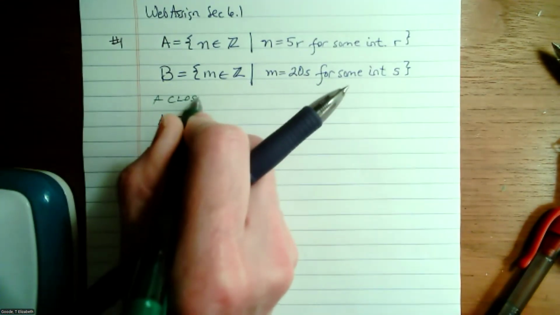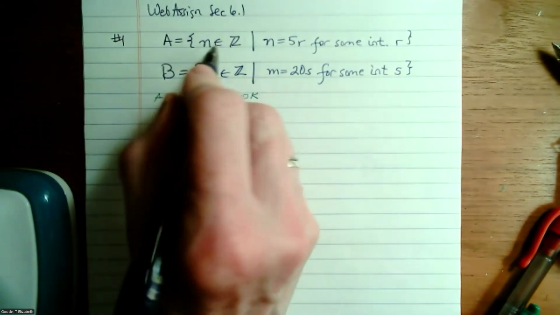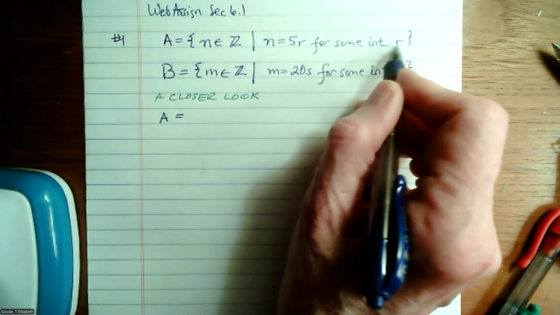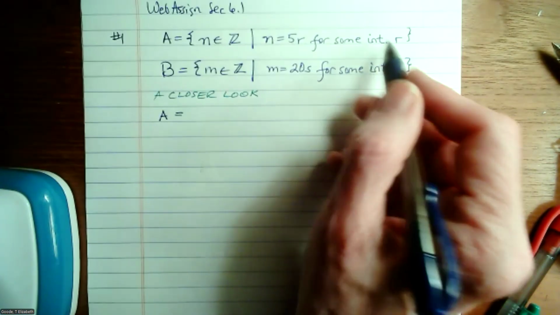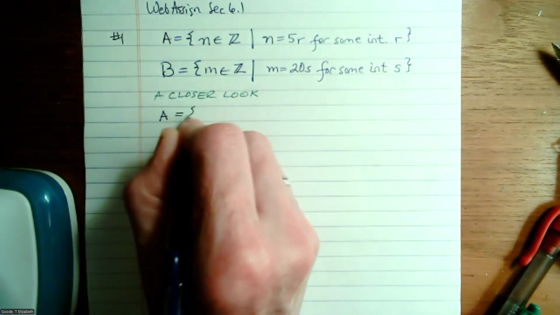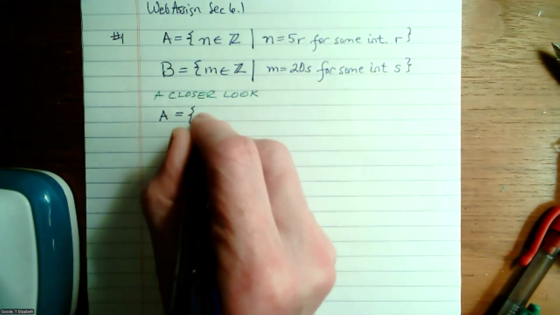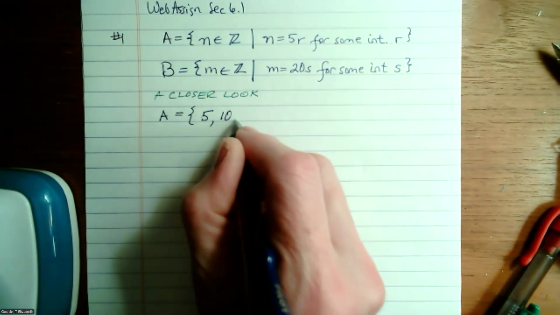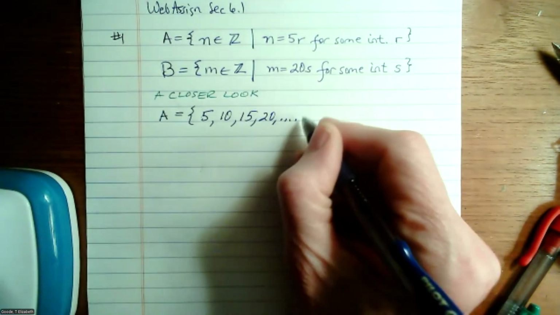Right, 1, 5, where r equals 1. And r is any integer, and it doesn't say whether it's positive or negative, right? So we'll start with 1. When r is 1, what is n? 5. All right, keep going. What else will be in A? Then 10, 15, 20. But could we use 0 and negative numbers? Yeah.